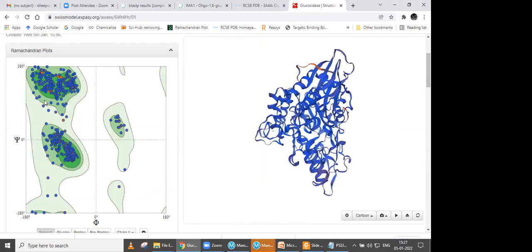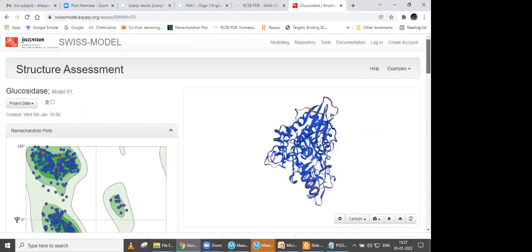The light green color represents the allowable region, and the region almost equal to white represents the disallowed region. Here also we can see most of the amino acids are present within the favorable region only. That means the generated model is good.